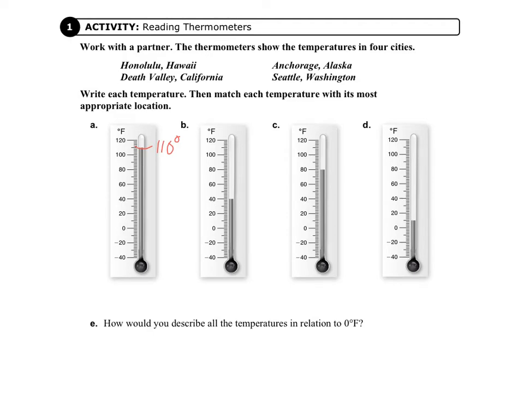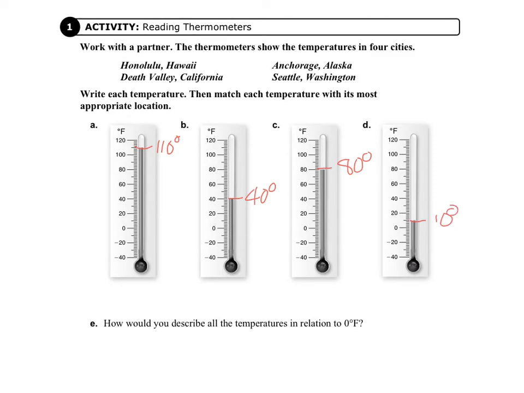And then if we look at letter B, it is right at 40 degrees. And letter C is at 80 degrees. And letter D is between 0 and 20, and it's halfway, so that makes it at 10 degrees.